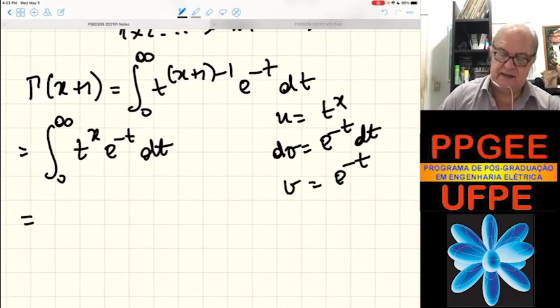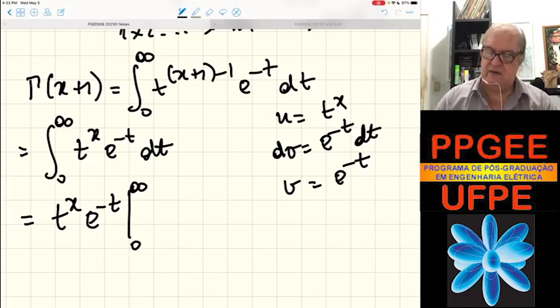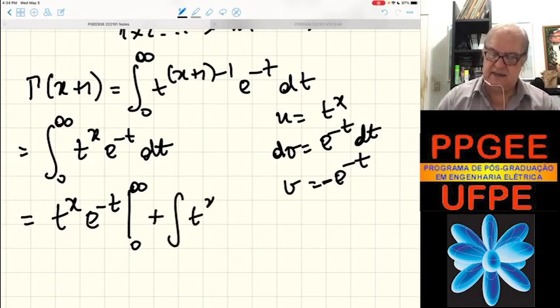So we do it by parts. It's going to be t to the x times exponential of minus t from 0 to infinity, minus the integral of v du, with v equal to minus exponential, so it's going to be plus the integral of t to the x minus t dt.